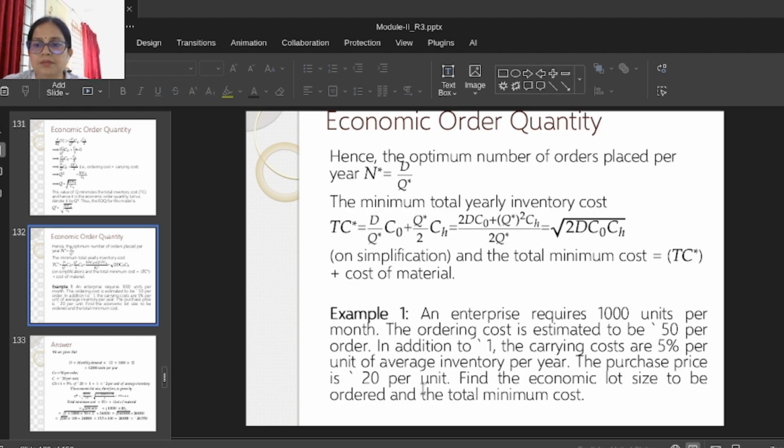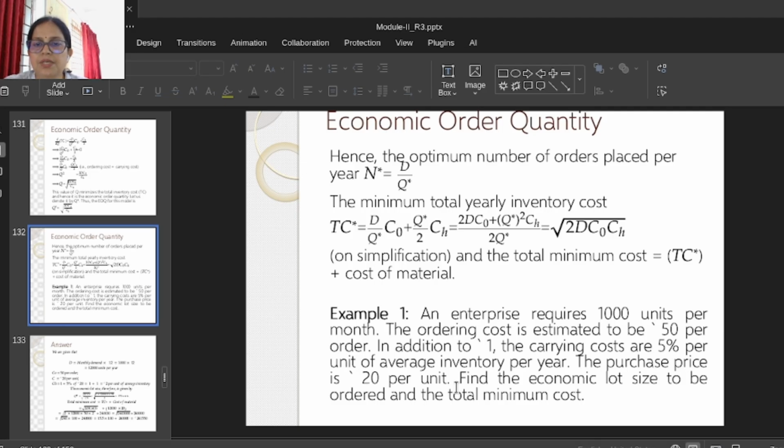When we are purchasing a product, we are giving some money, so on the purchase quantity only we have to calculate the inventory cost. So here, in addition to 1, the carrying cost is 5% per unit of average inventory per year, and the purchase price is 20 per unit.